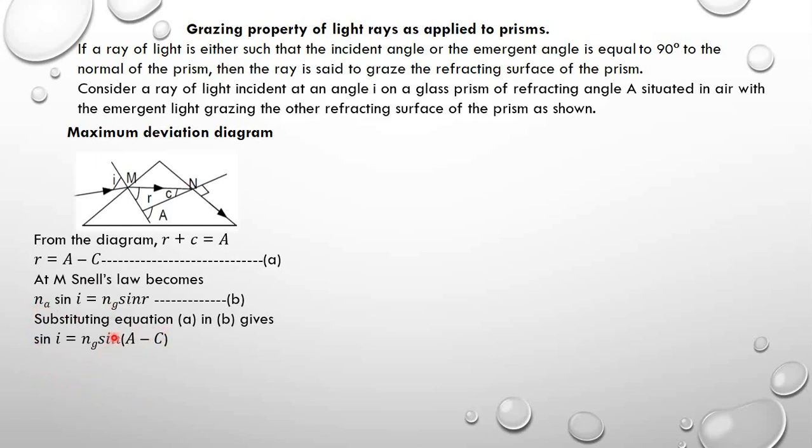And then when we expand this according to trig, we shall have sine I is equal to Ng times sine A cos C minus sine C cos A. That's according to trig when we expand this.